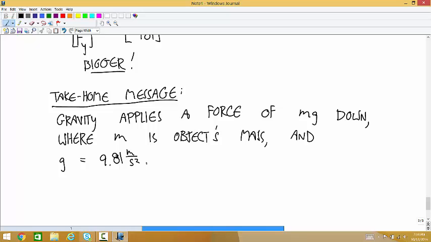So for things with very small masses, gravity applies a very small force. For things with really big masses, gravity applies a big force.